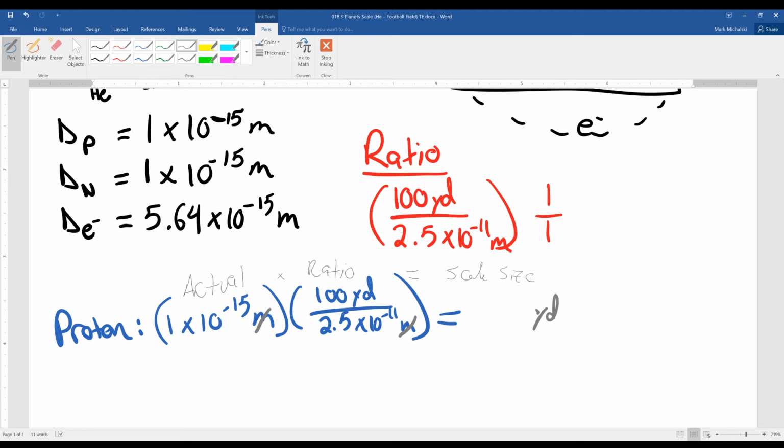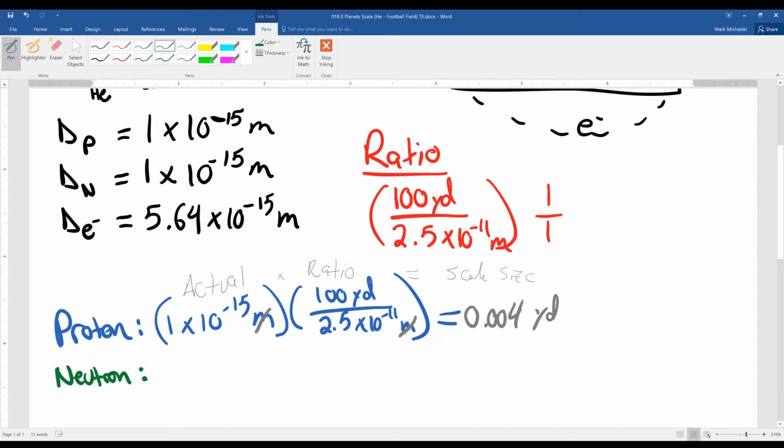When I do that, I get a value of 0.004 yards. If you got an answer anywhere near that, there may have been a little rounding, but give yourself a pat on the back. That's pretty awesome. On a similar note, I can do the neutron.